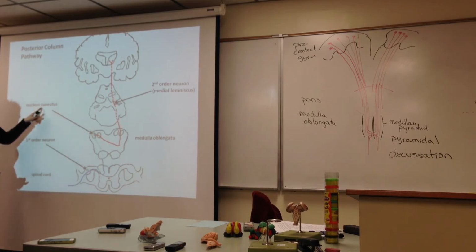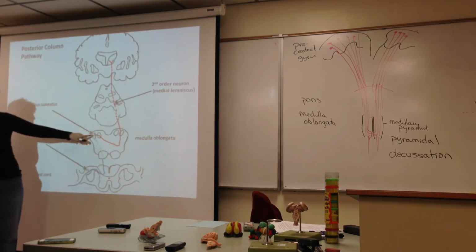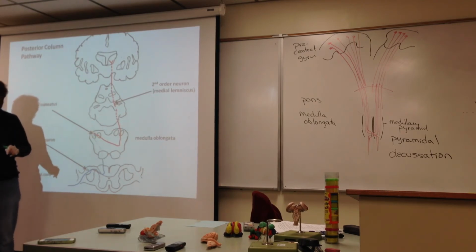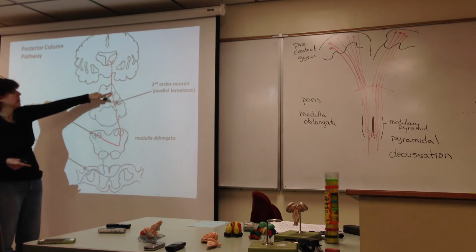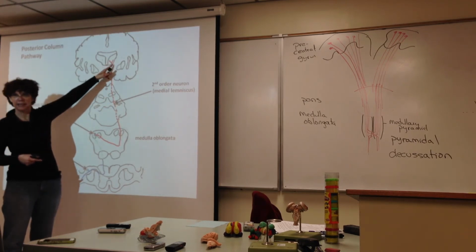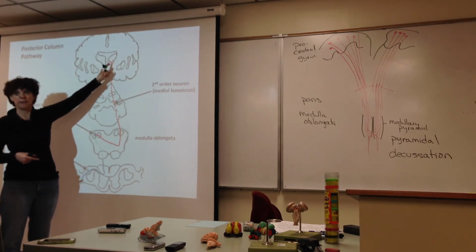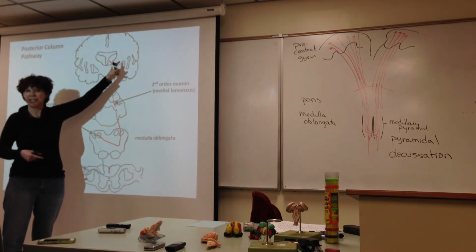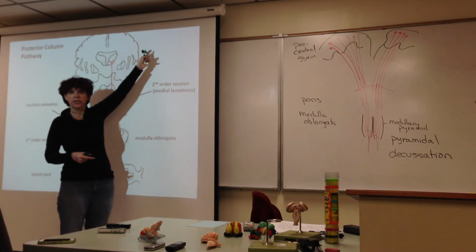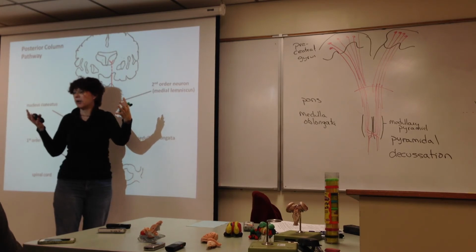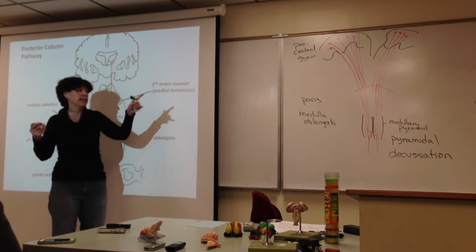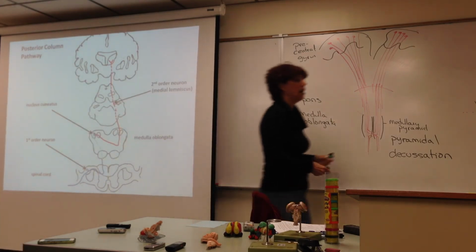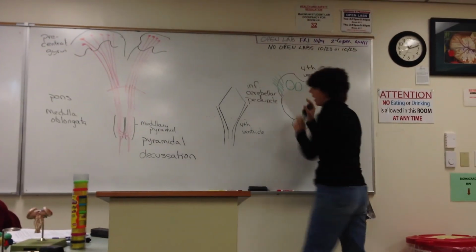So the nucleus cuneatus and gracilis are formed of the cell bodies of this second sensory neuron. It crosses and it goes up through the pons and midbrain to the thalamus. And remember, the thalamus is made up of all third order neurons. And that's going to take it to the postcentral gyrus where it's processed so I know whether my fingers are flexed or extended.